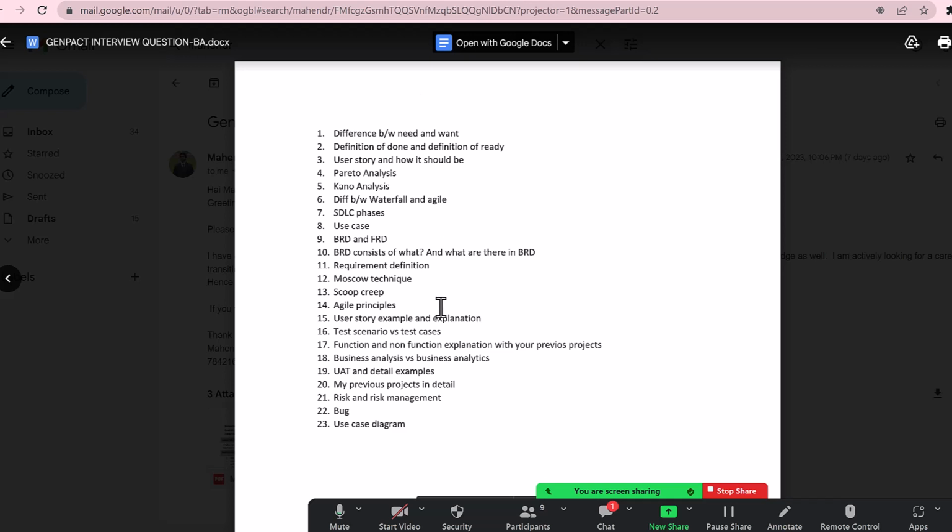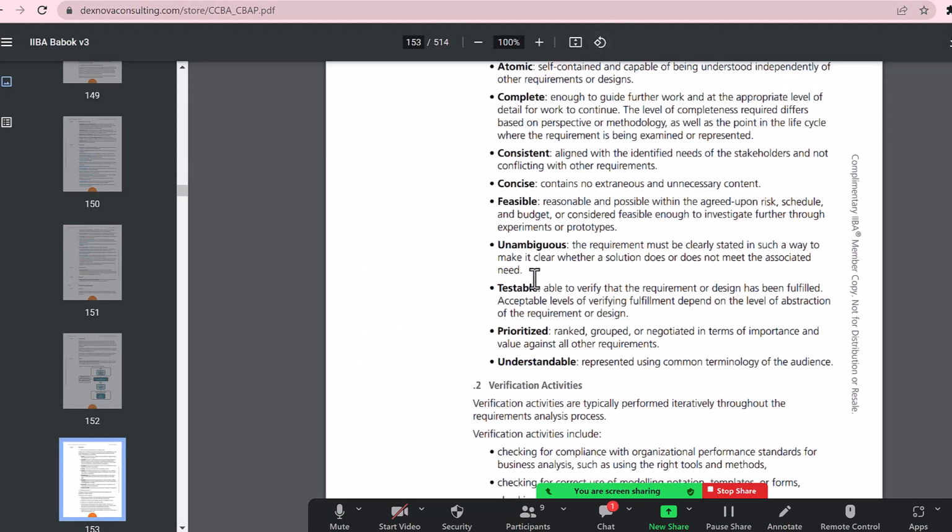Okay, I think that's what they've asked. So when they ask in the interview, you need to explain like this with examples. Every requirement needs to be testable, and every requirement, whatever you are putting in Jira, needs to be tested by the developers in their dev environment.